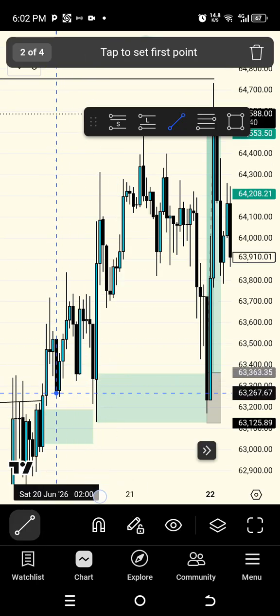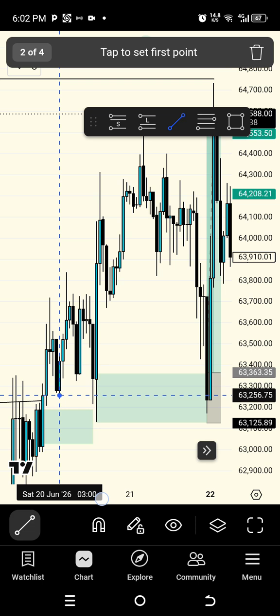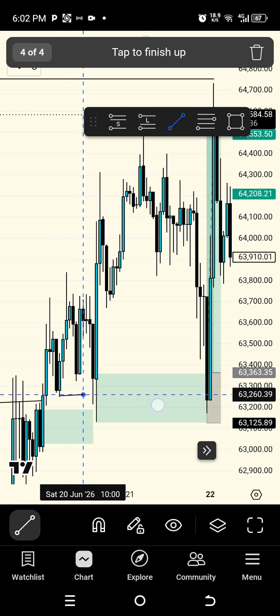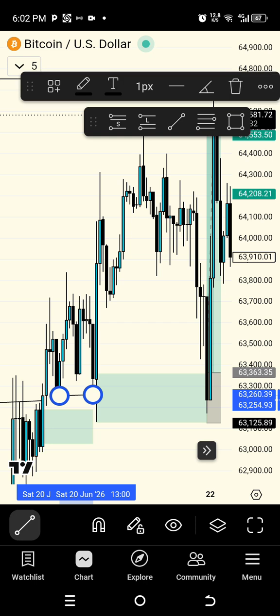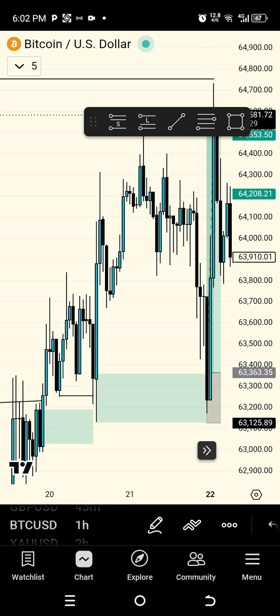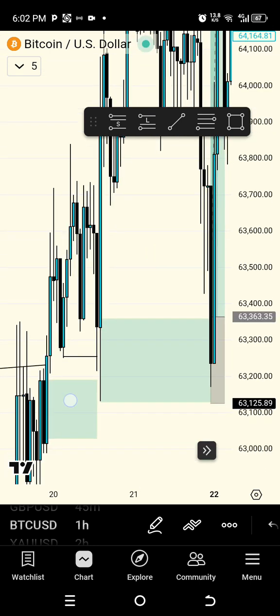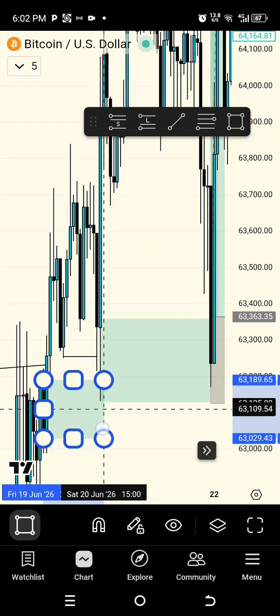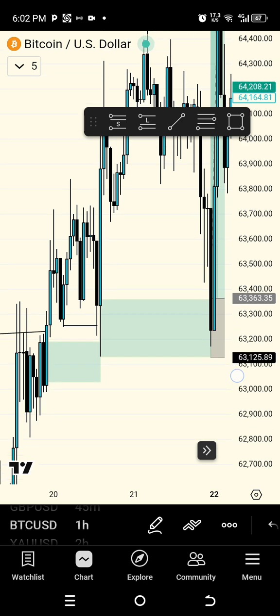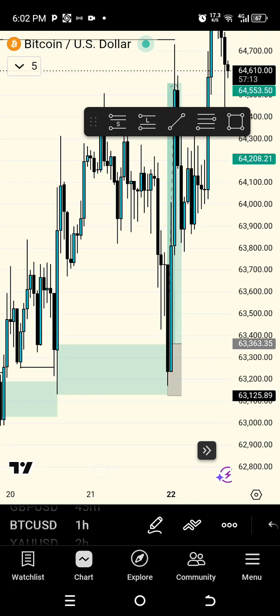This is the inducement. So price cleared it. Price has stripped this liquidity level, and this is also a protected low. That's how I was able to cash the buy. So this is all a protected low, and price mitigated this POI here. I bought from this place.